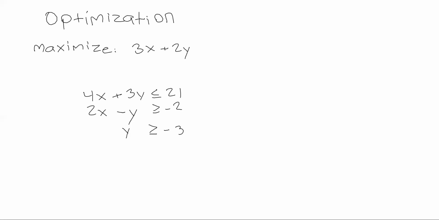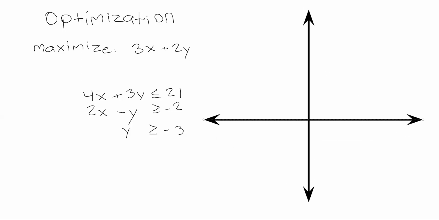And I feel like it's best to illustrate this within a graphical context. So let's graph these three inequalities. I've already solved these for y, and now I just want to graph them now that they are in slope-intercept form.